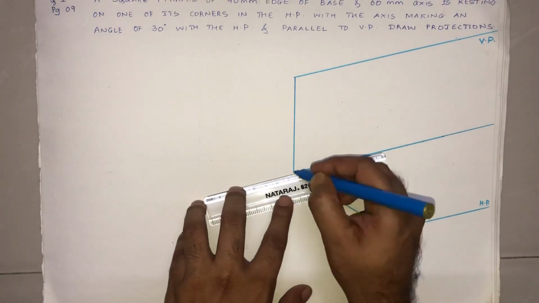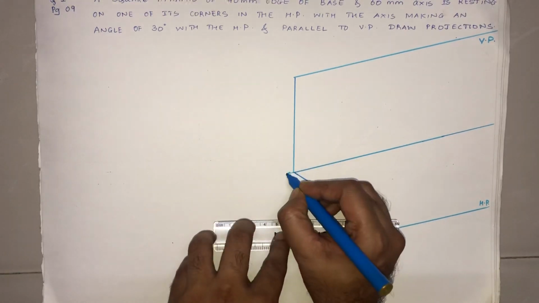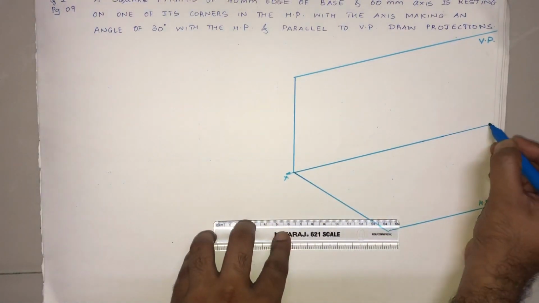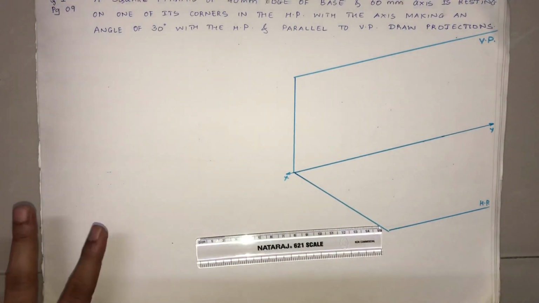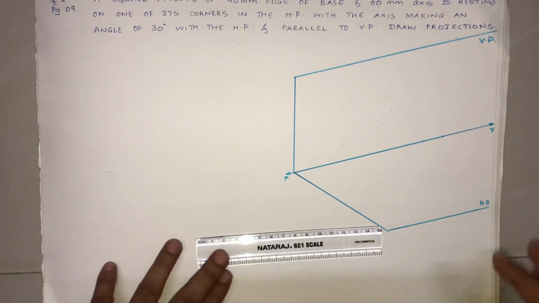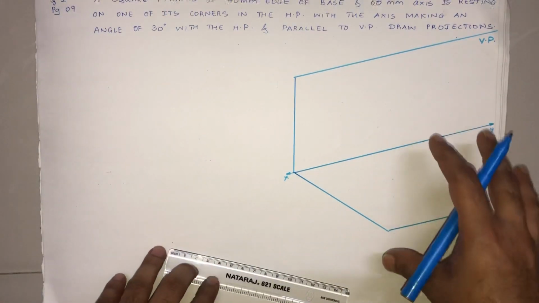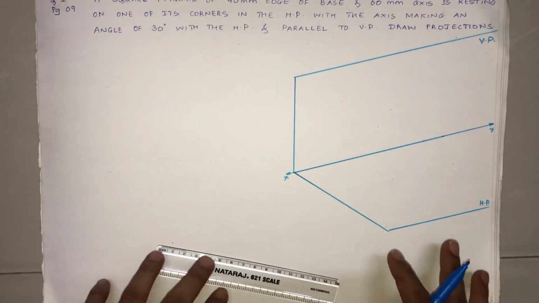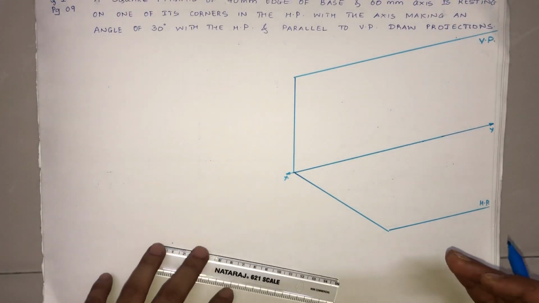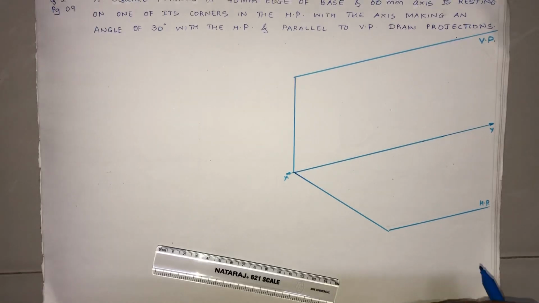This is the XY line, somewhere like this, the intersection of the vertical plane and the horizontal plane. So now we are going to say that the solid is kept in this particular quadrant. This is the first quadrant. It means that the front view is always going to be above and the top view is always going to be below.